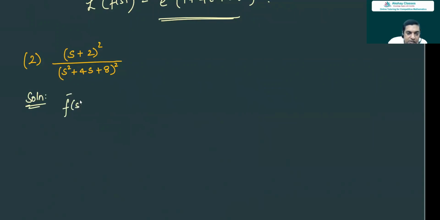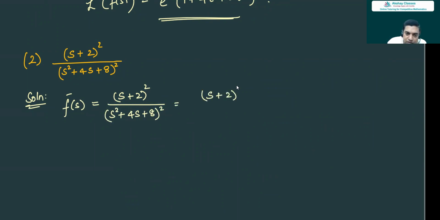This f bar of s is s plus 2 the whole square by s square plus 4s plus 8 the whole square. So this is s plus 2 the whole square, and we can write the denominator as s plus 2 the whole square plus 2 square, since 4 plus 4 is 8, the whole square.